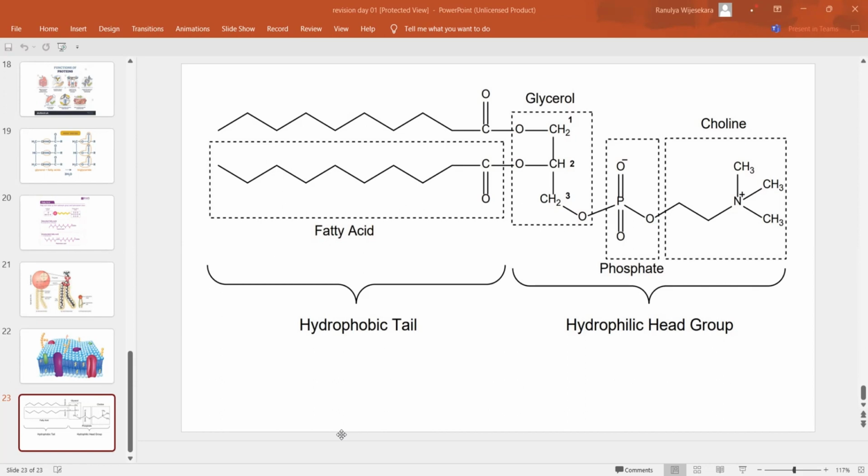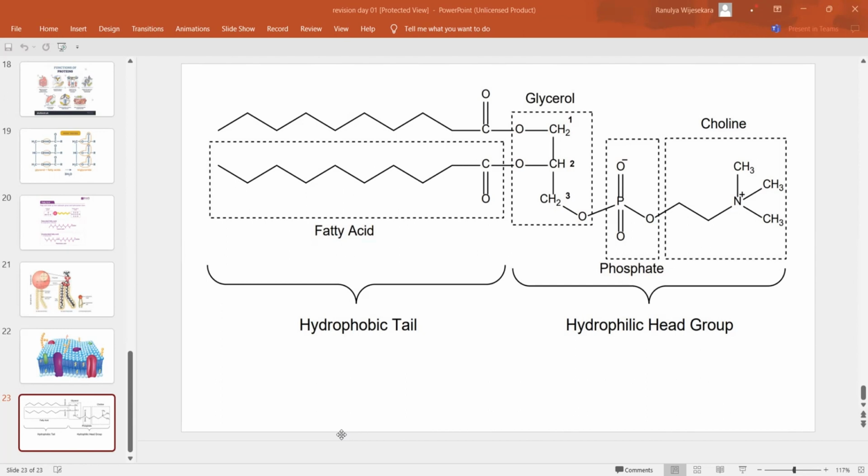Next one. Based on the nature of the hydrocarbon chain contributing to the fatty acids, there are two categories. Next point. Saturated fats.